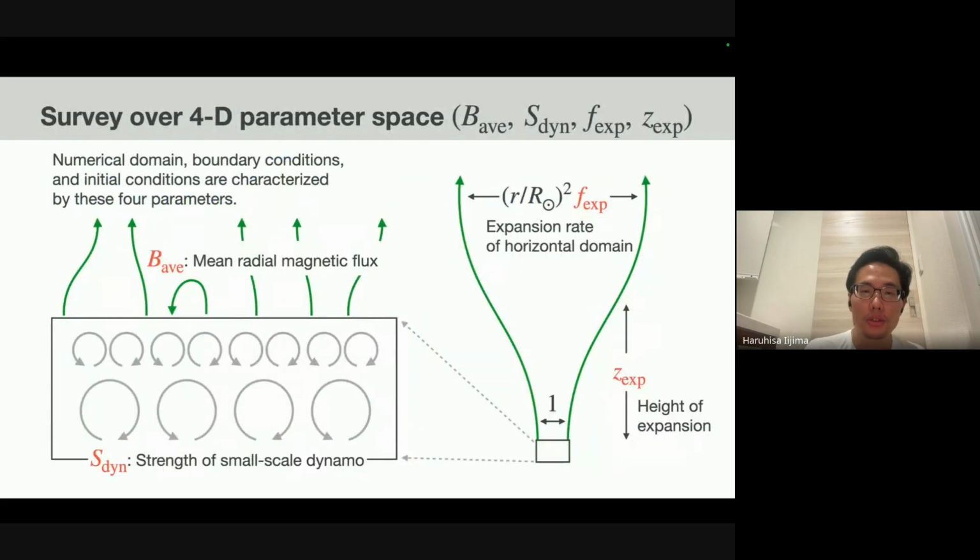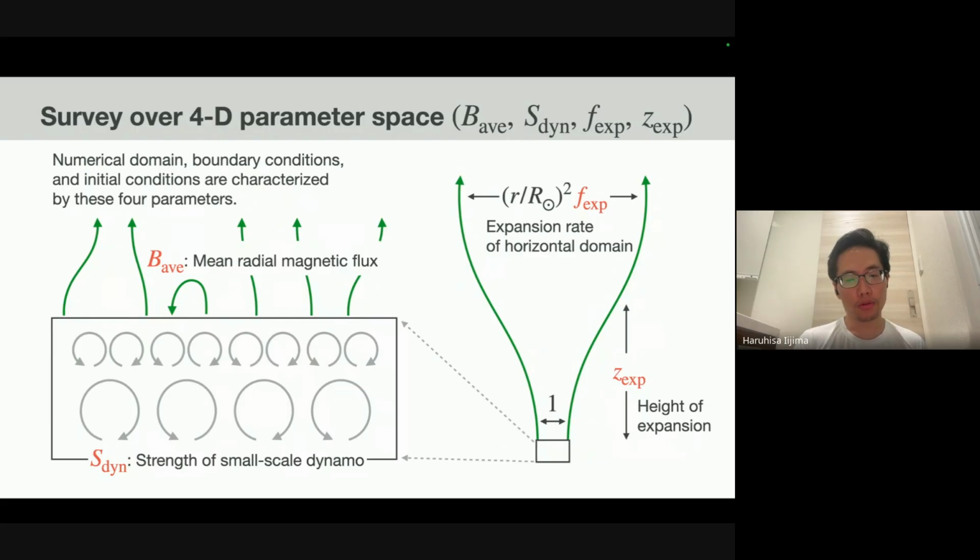And in order to check this in our numerical simulation, we carried out a parameter survey of a four-dimensional parameter space. We have several parameters, mainly due to the local spatial domain of our simulations. So the numerical domain, boundary conditions, and the initial conditions are characterized by four parameters. One is the mean or average radial magnetic flux.